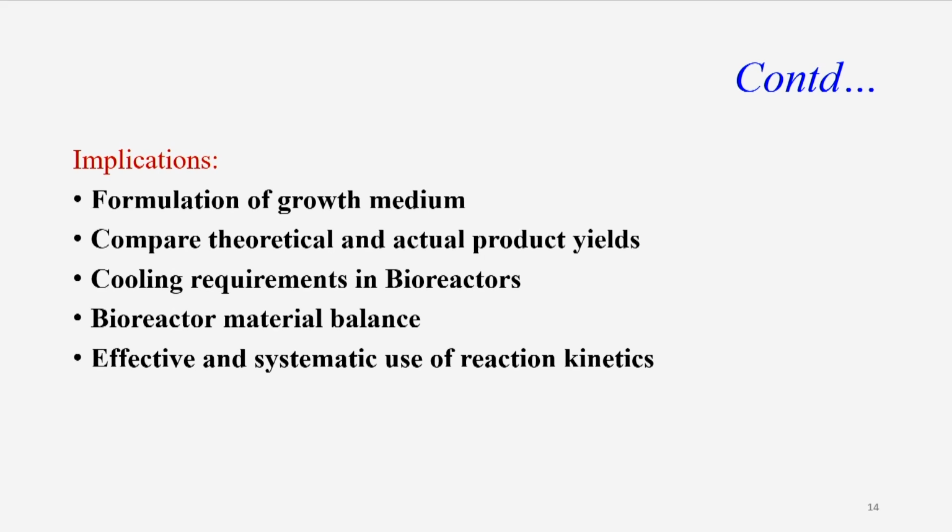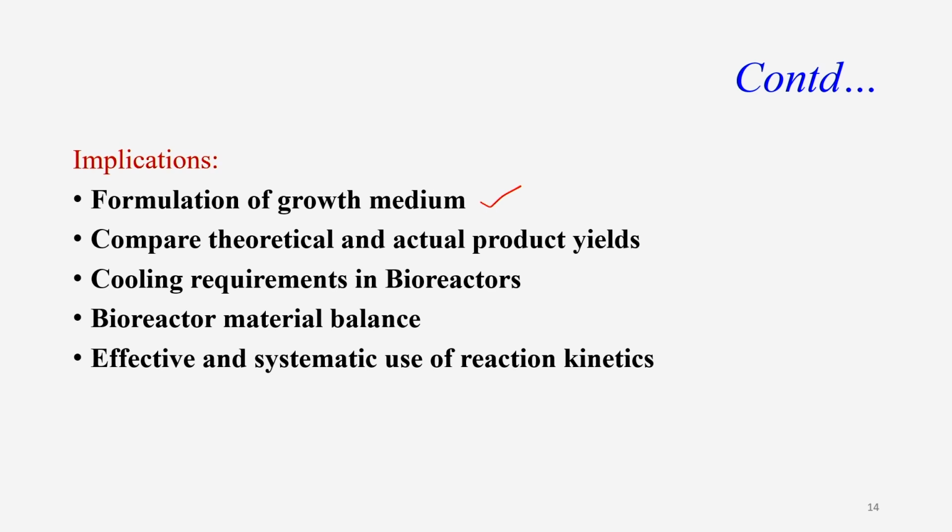So, what are the implications of these stoichiometry reactions? It will help us to formulate the media composition. By doing the mass balance, we should understand how much nutrient will be required for the biomass growth, and how much nutrient will be required for the desired product formation.